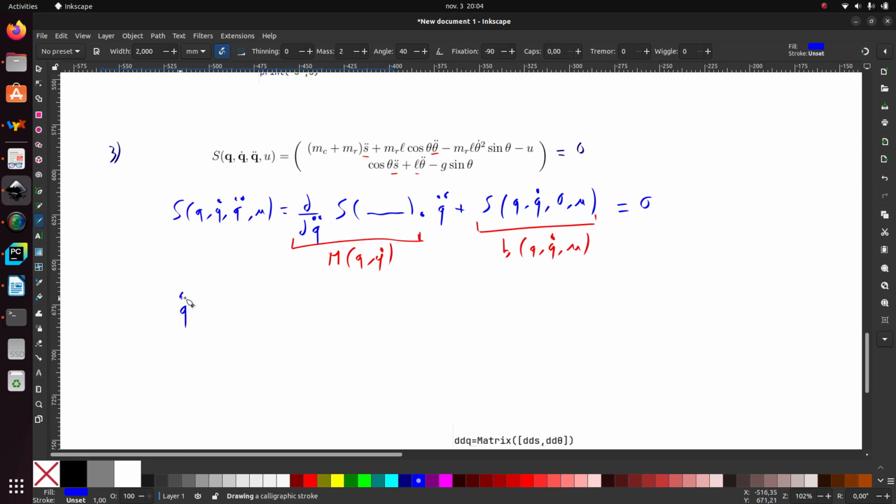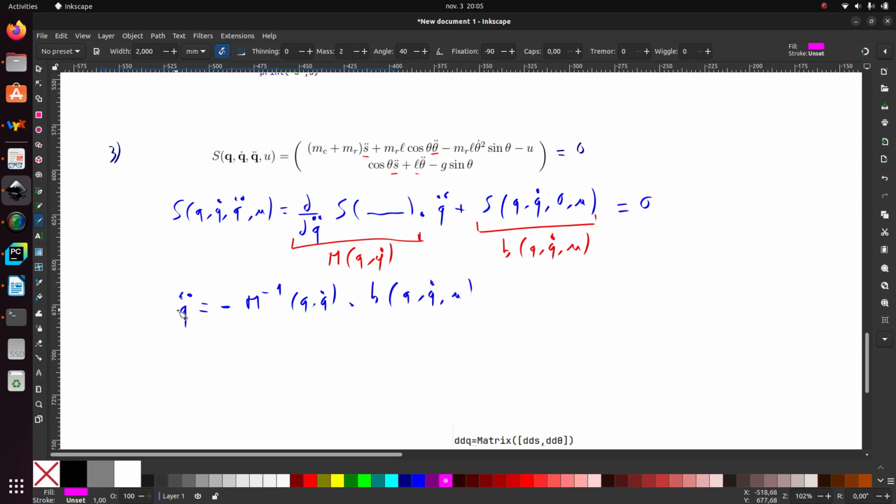So q double dot will be equal to minus M inverse, of q, multiplied by b of q, q dot and u.